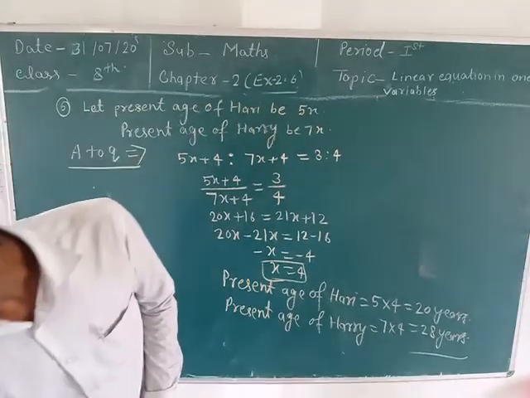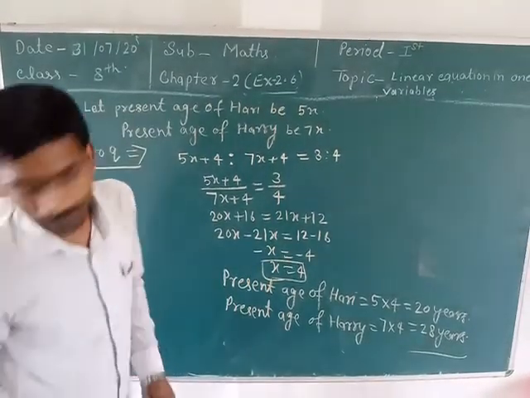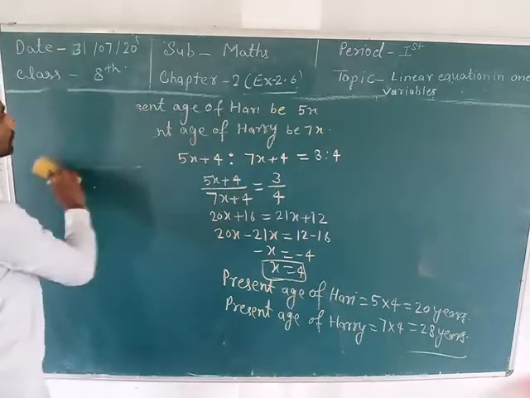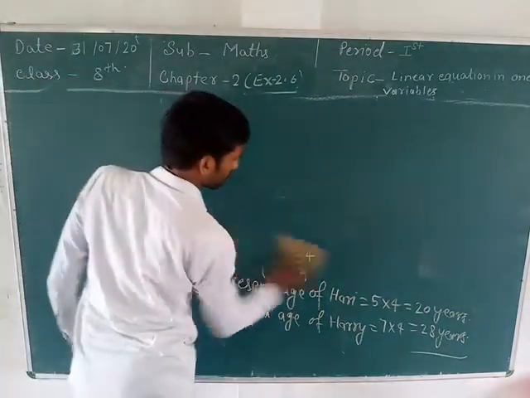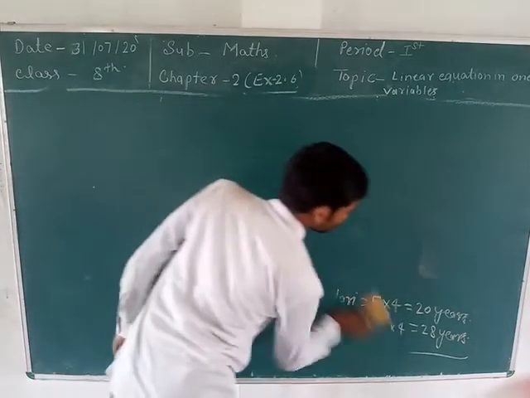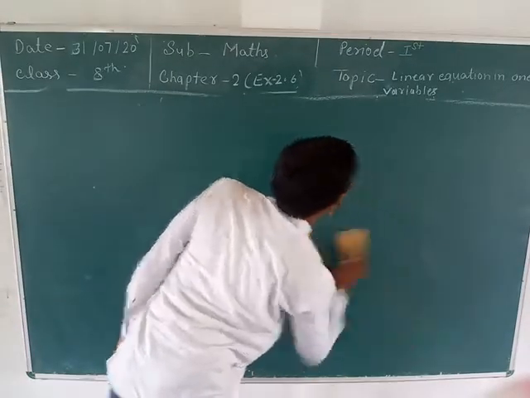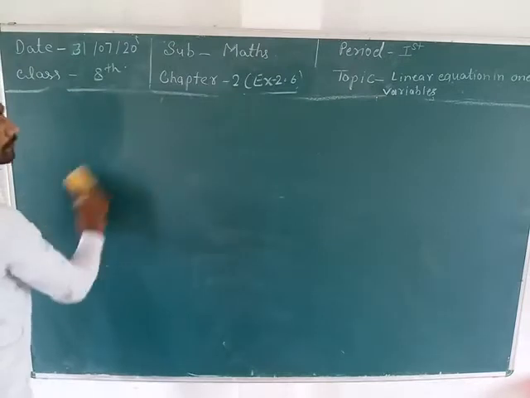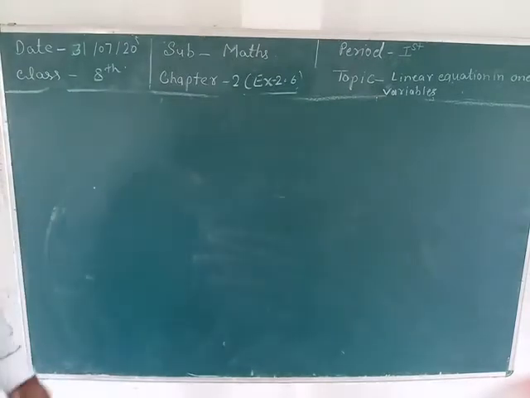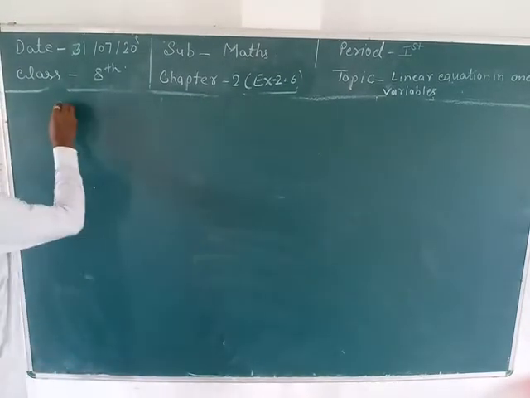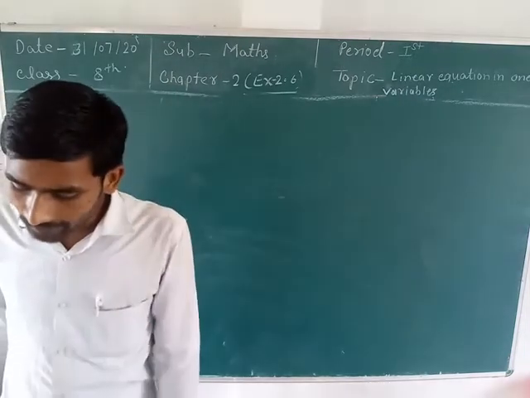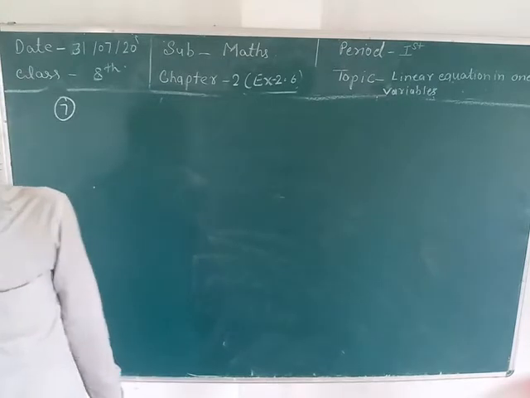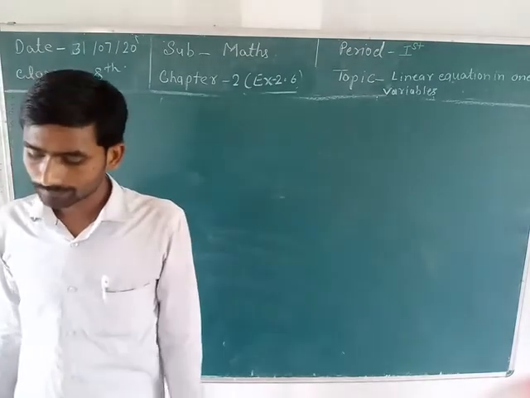Question number 7 is given as: the denominator of a rational number is greater than its numerator by 8.